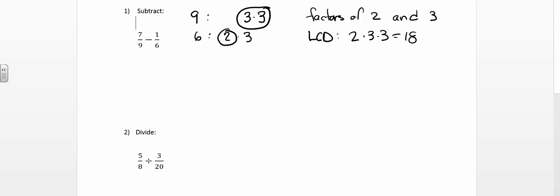So the least common multiple, or the least common denominator, is the smallest number that both 9 and 6 go into. Okay? So now we're going to rewrite each fraction in terms of that least common denominator.